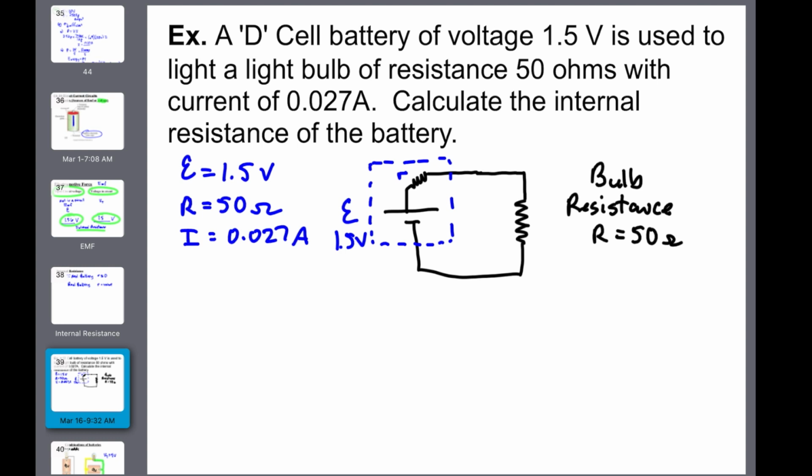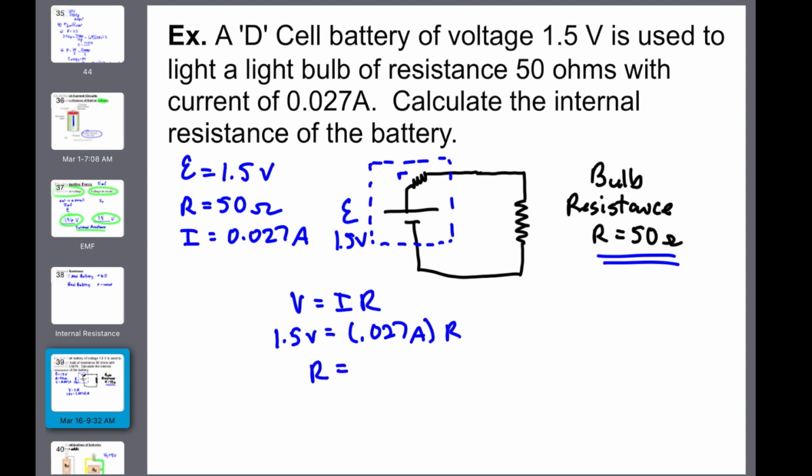Okay, so then if we use Ohm's law, V is equal to I times R. We know if there's an internal resistance, our circuit is going to have more resistance than 50 ohms total. So if I plug 1.5 volts in here and my current of 0.027 amps, and I solve for the resistance, I'm going to get a value for that resistance of 55.56 ohms.